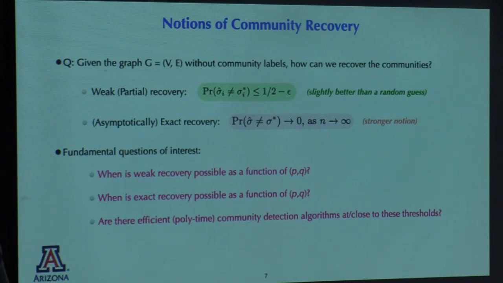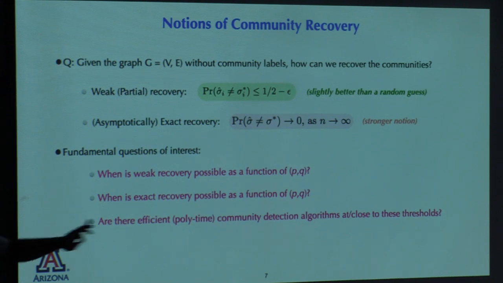Whether you are in the same community or in a different community, you are connected with the same probability. Now I show you the graph and ask you to color the nodes. Is it possible? No, because whether you are in a community or not, you have similar behavior with your community neighbors or outsiders. So ideally, it should be possible to recover when p is larger than q.